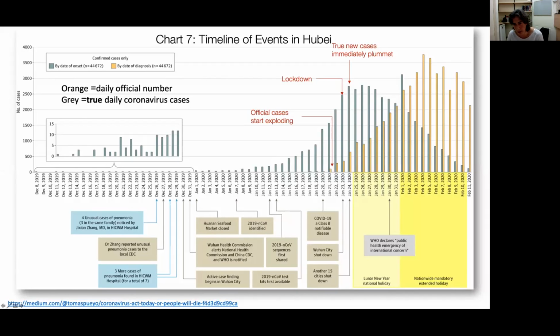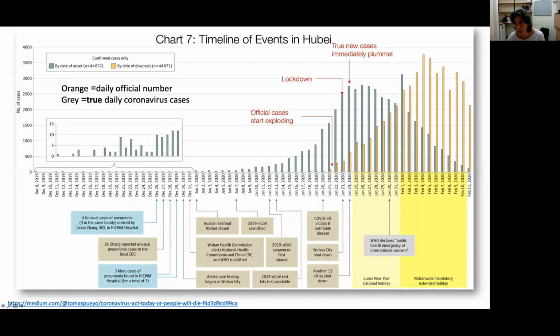When they did that, they were able to test, and they knew only about 400 official cases, but the true number was much higher.